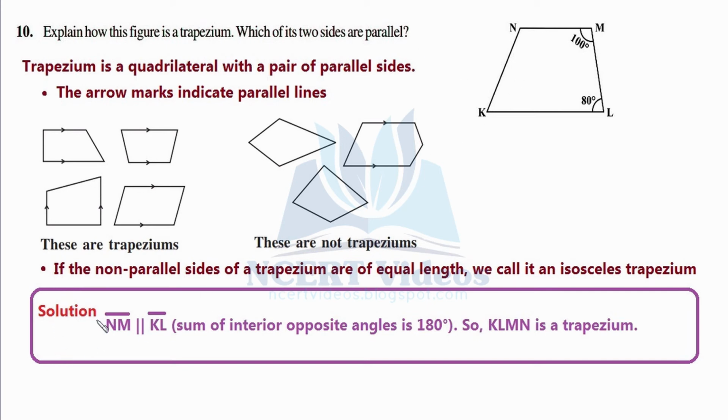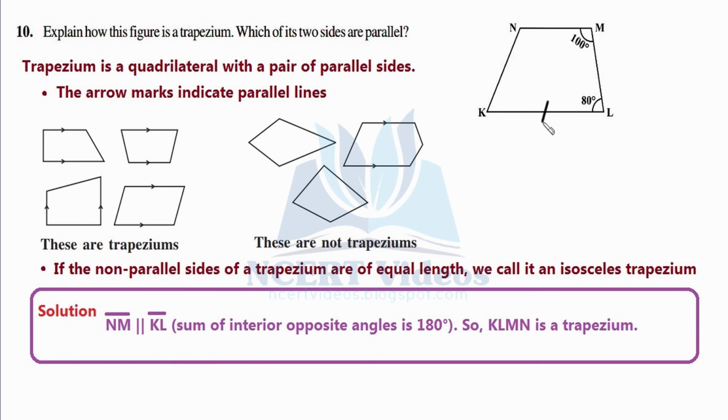So the solution part: if we observe our figure again, that is quadrilateral KLMN, it follows the first condition, that it is a quadrilateral because it is made up of 4 line segments. In order to show which two sides are parallel to each other, we are given the angles. Since the sum of two angles formed on the endpoints of line segment ML is equal to 180 degrees, because 100 plus 80 degrees equals 180 degrees, the line segments joining its endpoints will be parallel to each other.